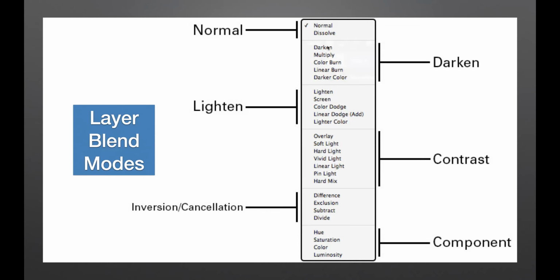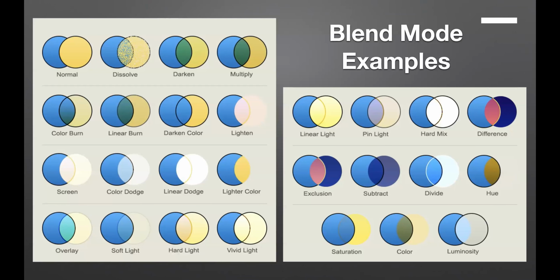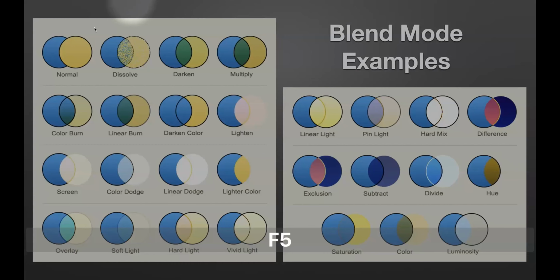Let's see, I think I have a slide here. Here we go. In this slide, you can see a simplified version of how blend modes affect the interaction between two layers. Let's start with the normal two layers. I have a yellow layer that is in front of a blue layer. And all of these others are showing me how those two layers would look if I took the yellow layer and applied a blend mode.